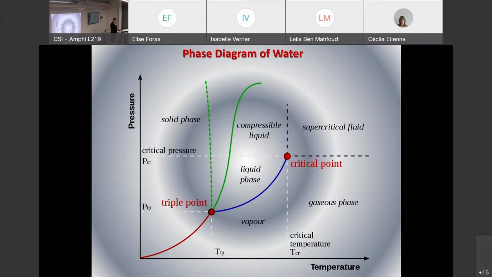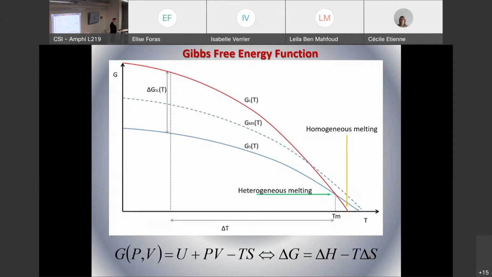But the Gibbs theory can be represented in a simple way. There is a Gibbs free energy function, which includes internal energy, potential energy, and kinetic energy, and it says that if the Gibbs free energy of the liquid at some temperature becomes lower than the Gibbs free energy of the solid, then it is energetically favorable for the material to have a phase transformation from solid to liquid.